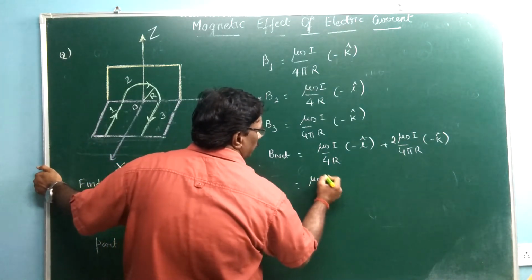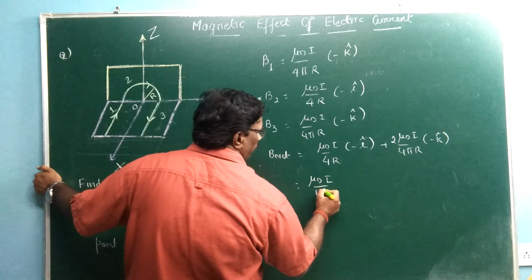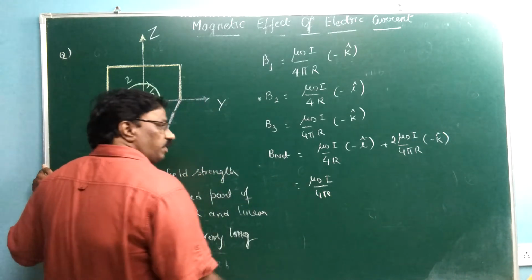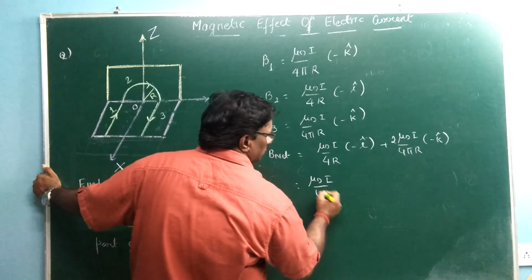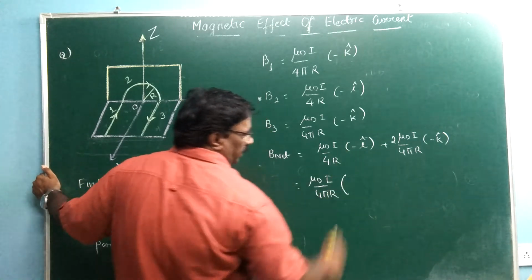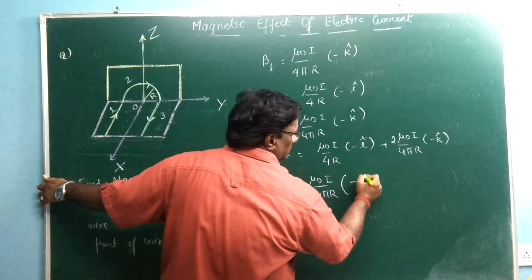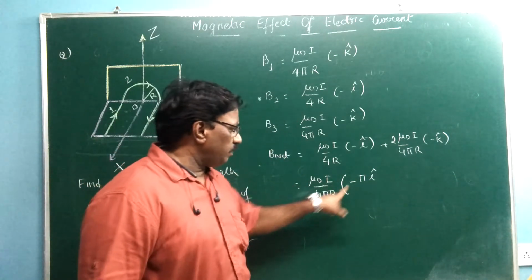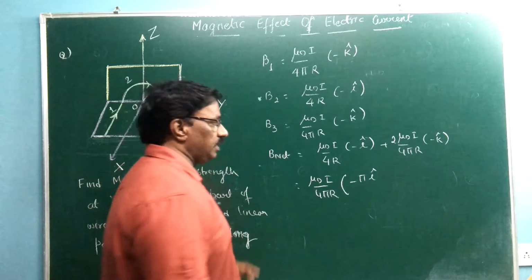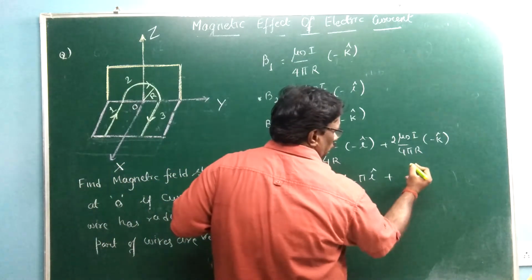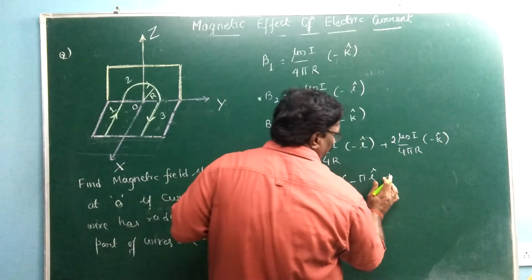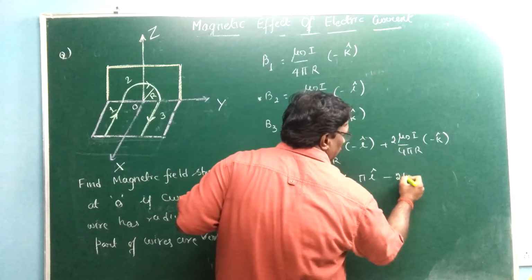Mu naught is common, I is common, 4 by 4 R. If I take 4 pi also, here no pi, so minus pi i cap. Understood? If you got it, you can multiply now. Plus 2, mu naught I have taken common, 2 into minus k cap, so minus 2 k cap.